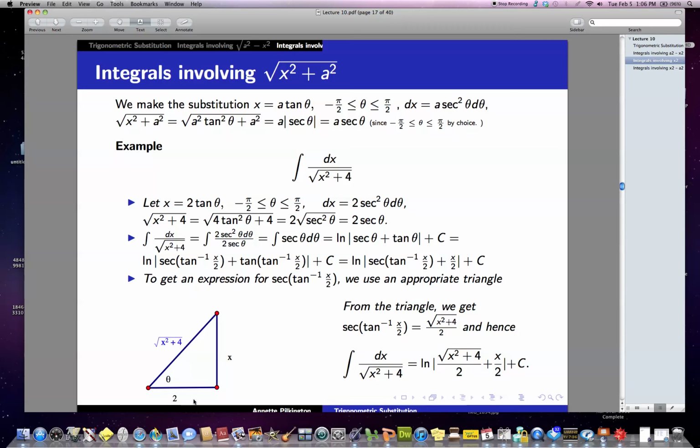The tangent is the opposite over the adjacent, so the hypotenuse is the square root of x squared plus 4, and then we're looking for secant of theta, and secant is 1 over cosine, so it's the hypotenuse over the adjacent. So we can replace this expression by this expression in x, and then our answer looks much neater.